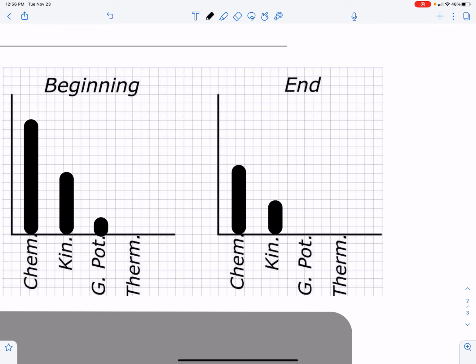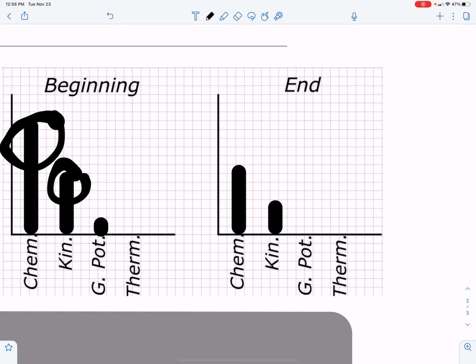the gravitational energy has to increase by the same amount that these other energies decrease. So you decreased 5 units of this and about 3 units of that. That means you have to increase your potential energy from 2 to 10, an increase of 8 units. Is that right?